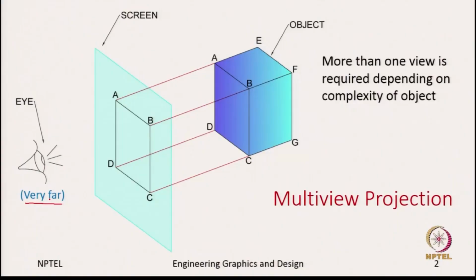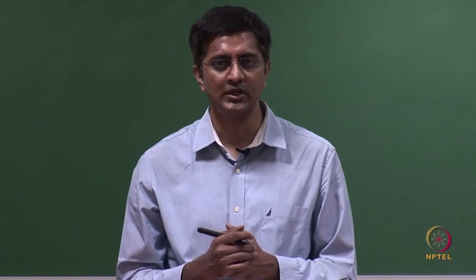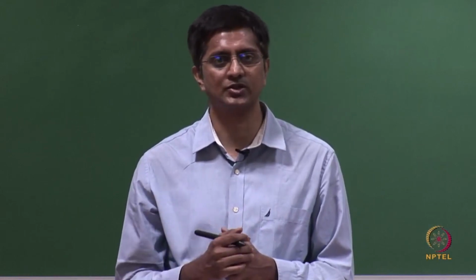So, in summary what we are saying is, we need more than one view, and you may ask a question: if it is more than one, is it 2, 3 or even more than 3? The answer is, it depends on the complexity of the object, and who decides how many views to choose? It is the person who is drawing.